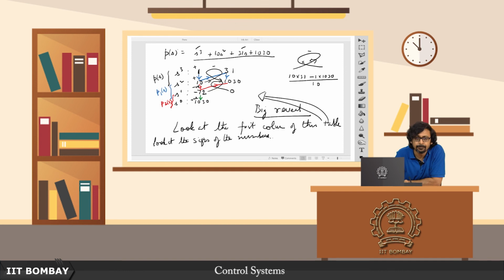So there are basically two sign swaps. Again, don't worry, we will take more examples and we will show this in more detail. So there are two sign swaps. So this tells you that the number of sign swaps is equal to the number of roots on the right half plane. So therefore this polynomial has two roots on the right half plane and one root on the left half plane.